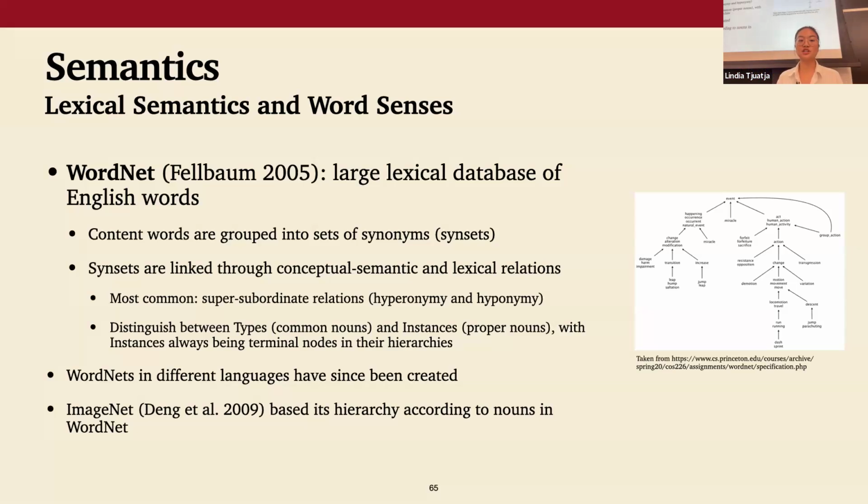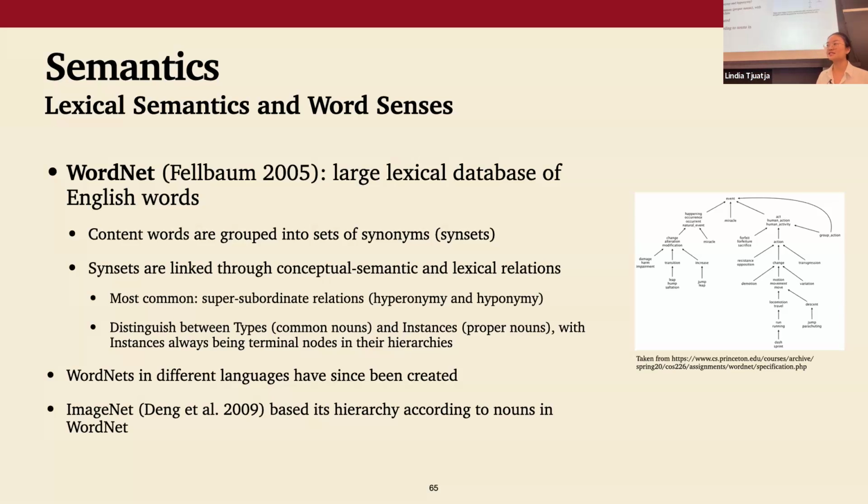They also distinguish between types, which are common nouns like car or president, and instances, which are proper nouns. So president is a type, and Obama, Trump, Biden are instances of that type. Instances will always occur as the terminal node in these WordNet hierarchies. Since then, they've created lots of WordNets in other languages.